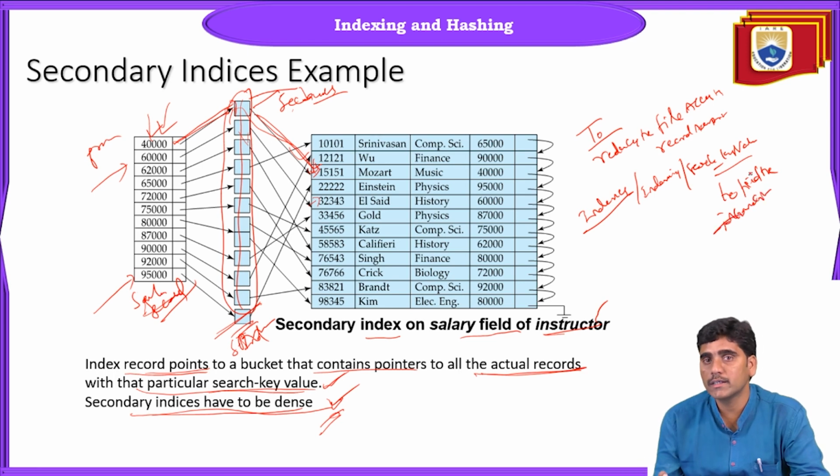Indexing is a mechanism to speed up the process of accessing the file. So this is all about the indexing mechanism and primary and secondary indices. That's all about indexing and hashing.